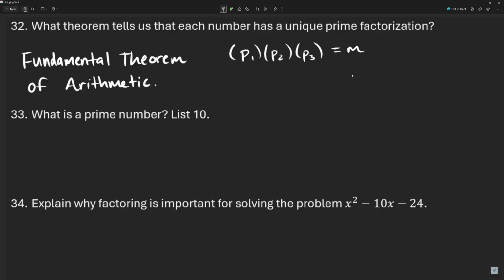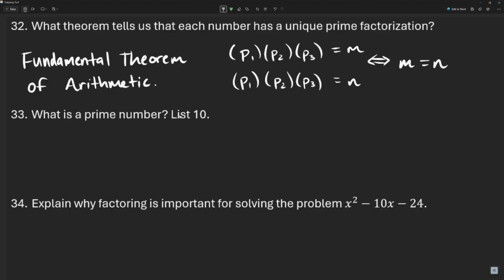It's not possible for two different numbers to have the same prime factorization. That is true if and only if m has to necessarily be equal to n. They have to be the same number. If they have the same prime factorization, that is a terrible double-sided arrow, they necessarily must be the same number.